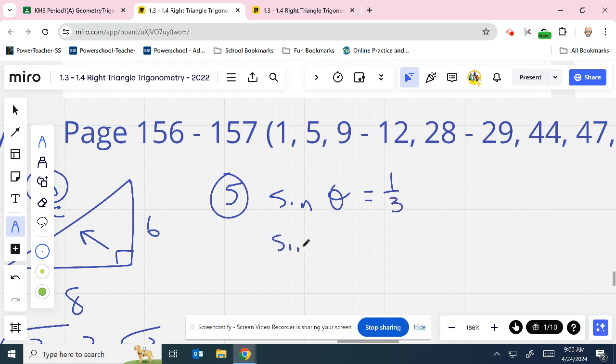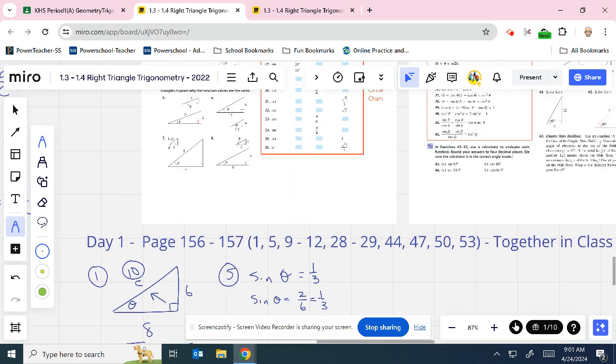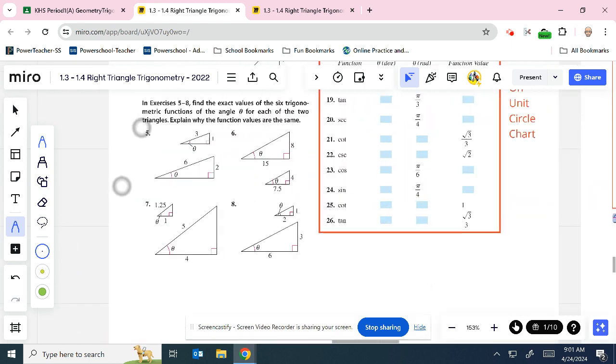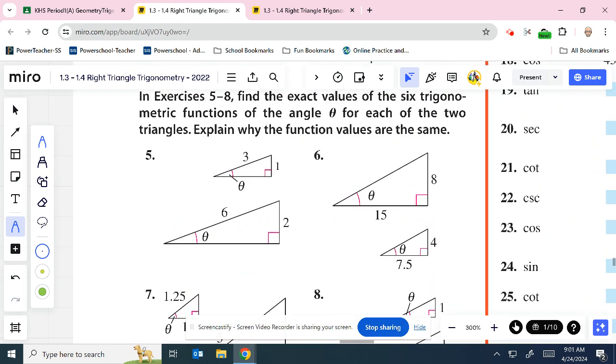And sine of theta in the other triangle is 2/6, which also reduces to 1/3. Why are they the same? Why are those 2 going to have the same sine, the same cosine, the same tangent, and all 6 trig functions, when they're not the same triangle? They're different triangles. One's small, one's big. Why would their sine values be exactly the same?